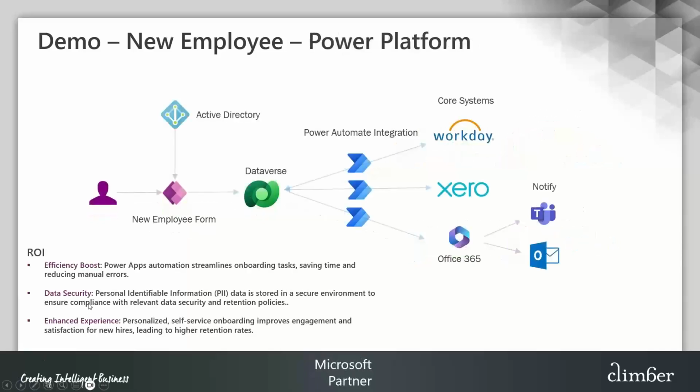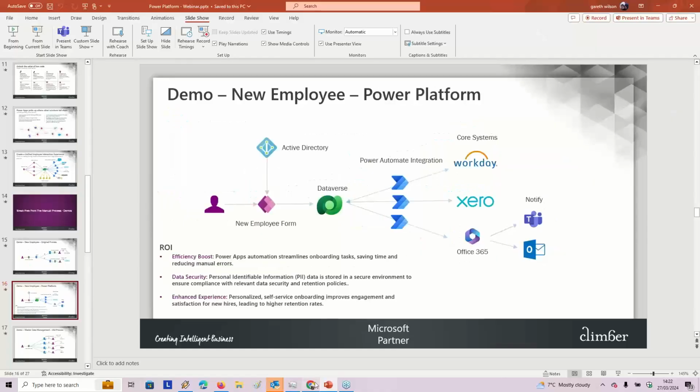With Power Platform, we have a Power App that pulls some of the information already from Active Directory, saves the data securely in Dataverse, but then triggers Power Automate integrations to send that data to the core systems as well. And all we do with Office 365 is notify the HR and finance departments that the data has now been added to those core systems.